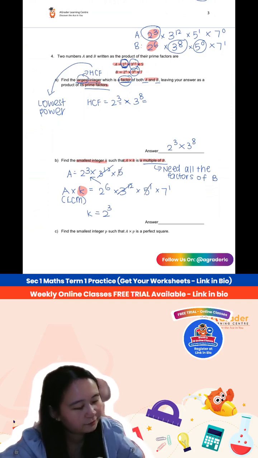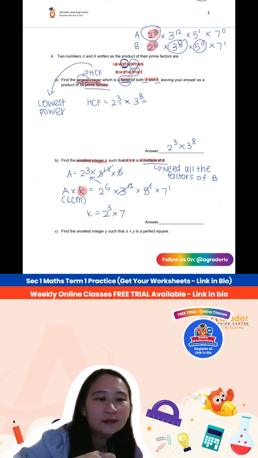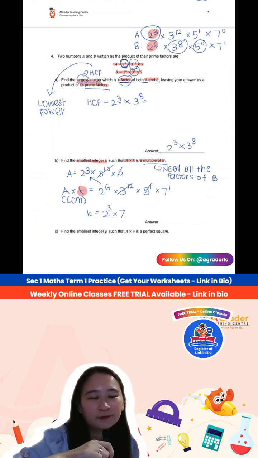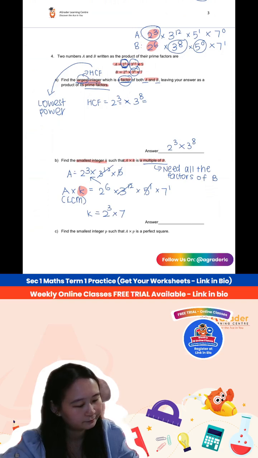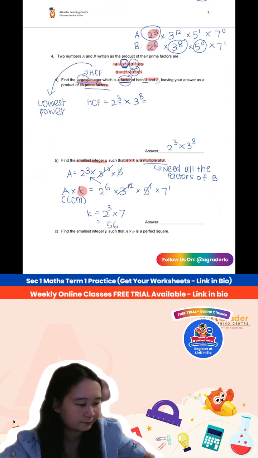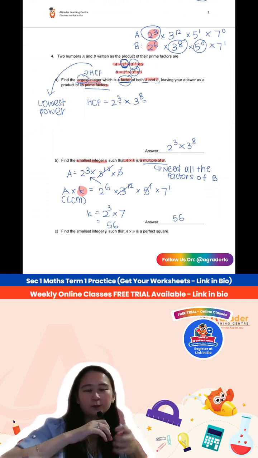Same for 5, 5 to the power of 1, so we just need 2 cubed times 7. You can just write 5, 5 equals 5 to the power of 1. They are the same thing. Okay, so 2 cubed times 7 will give me 56. So k is 56.